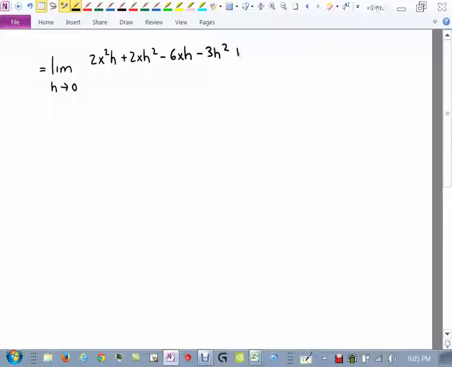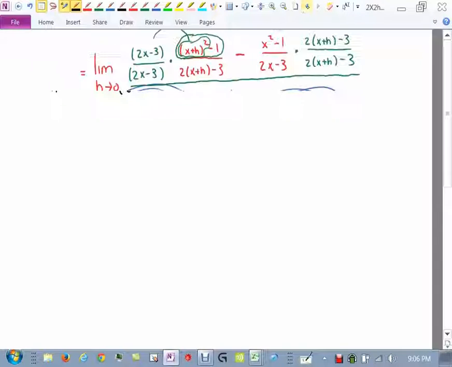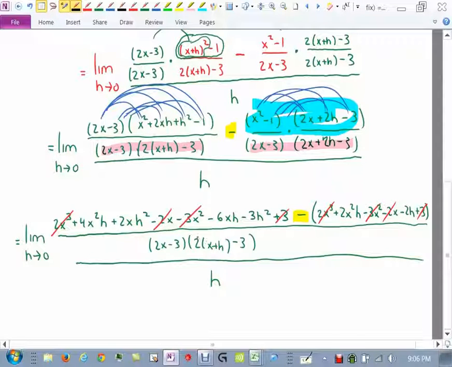Our common denominator was 2x plus 2h minus 3 times 2x minus 3. That's all I did here, was distribute that through. So that's why it looks like this right here. And I switched the order of them, no big deal. All of this divided by h.